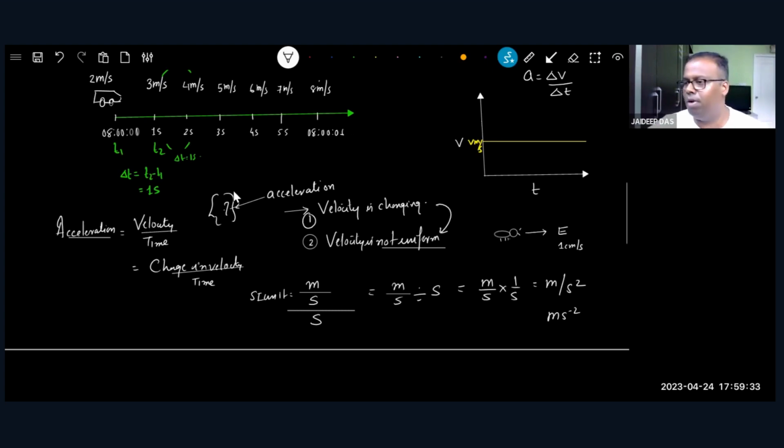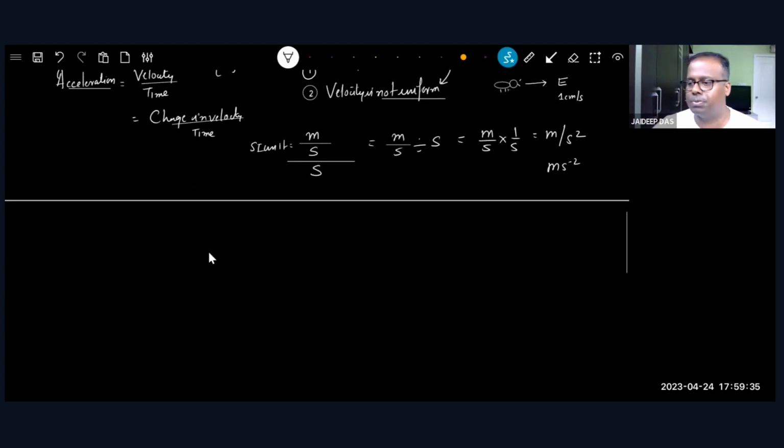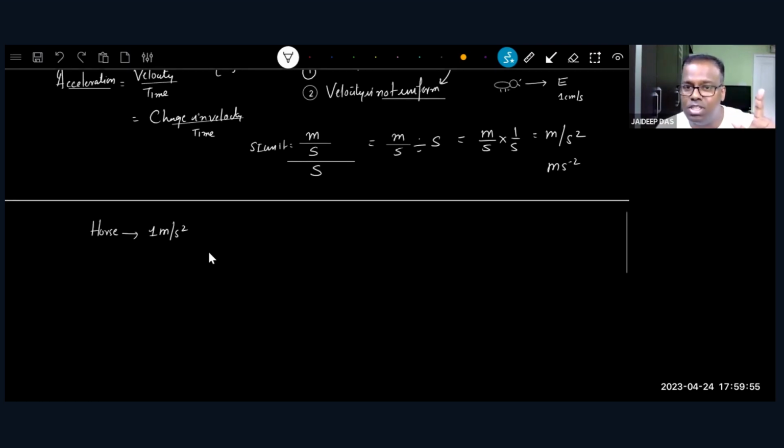So if I ask you that there is a horse, and the acceleration of the horse is 1 meter per second square. What do you understand? A horse is said to have an acceleration of 1 meter per second square if its velocity increases at the rate of 1 meter per second every second.